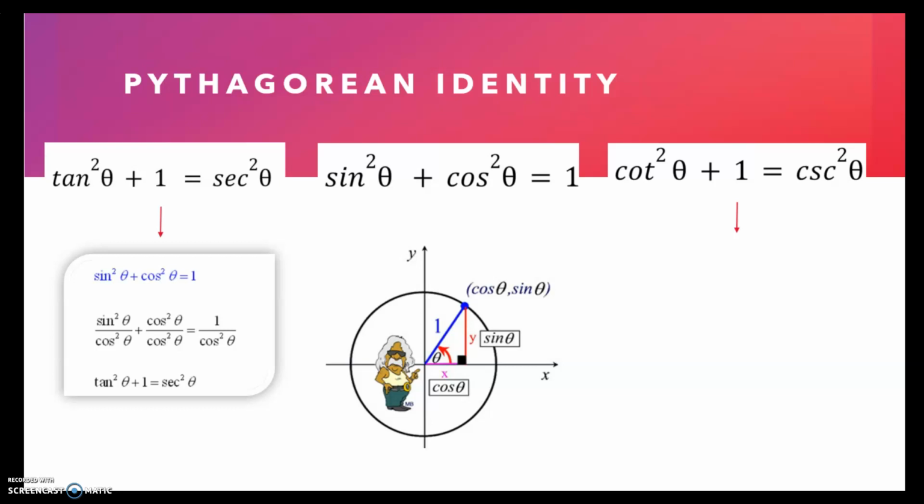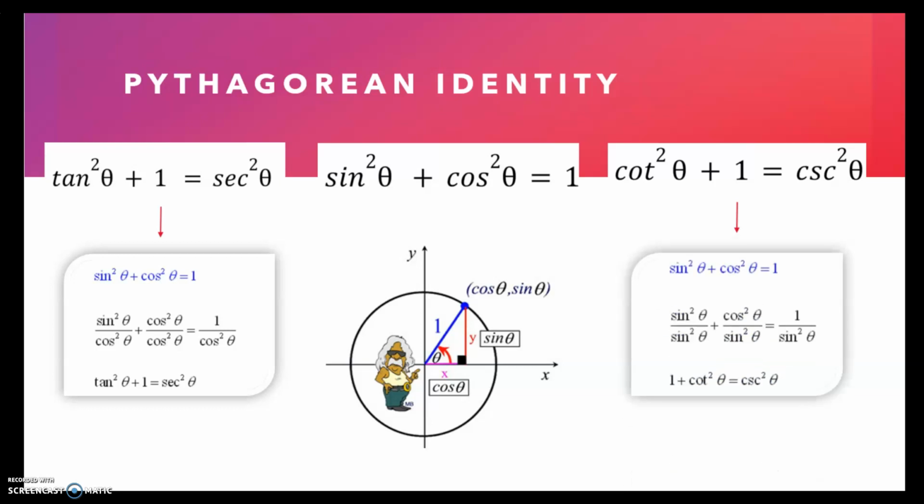Here we can see the substitution and calculation that give us tangent squared of theta plus 1 equals secant squared of theta. Similarly, cotangent squared of theta plus 1 equals cosecant squared of theta. You can see how it goes with the quotient identity of cotangent equals cosine over sine.